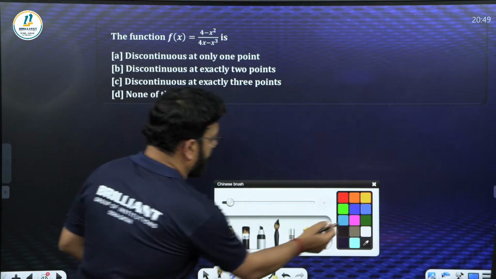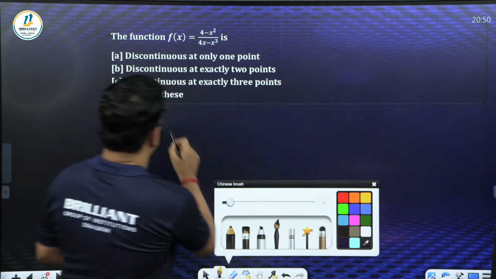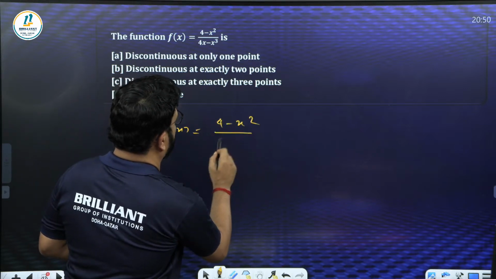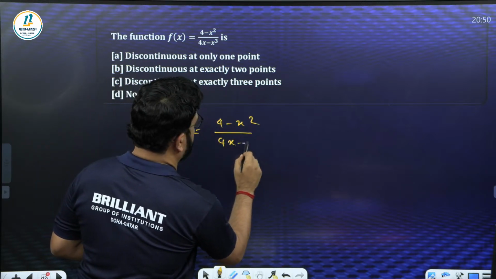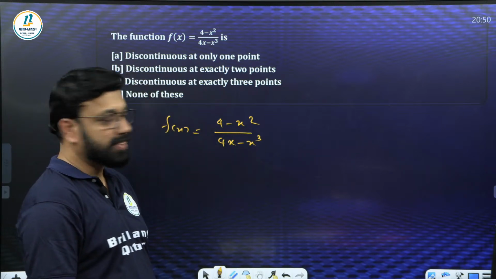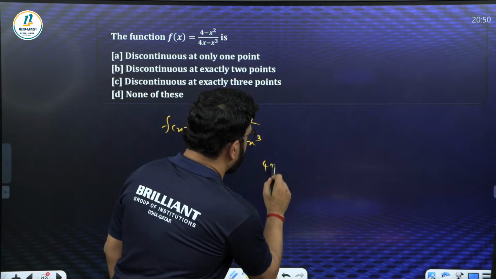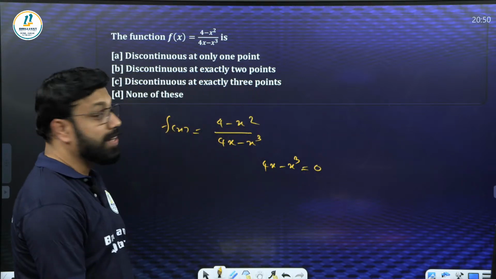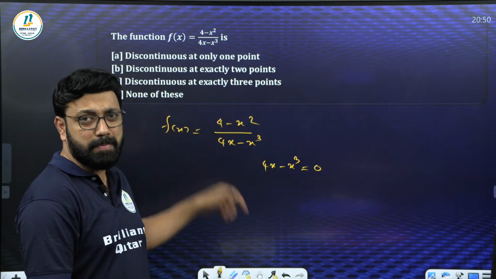So we can check. What's the question here? f of x equals 4 minus x square over 4x minus x cube. I told you, rational function: when the denominator 4x minus x cube equals 0, at that time it will be discontinuous. Denominator 0 means not defined.